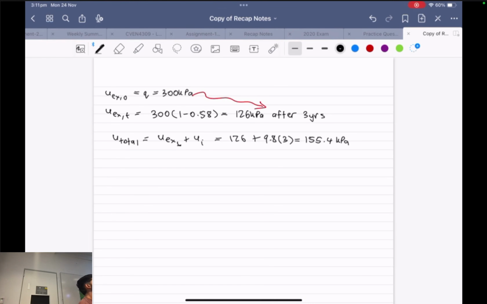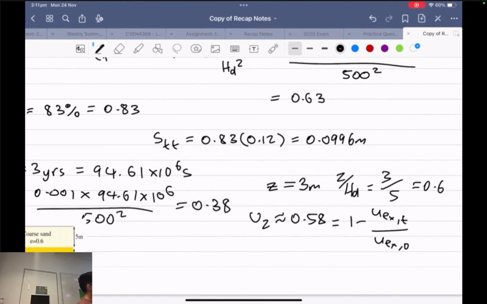How do you calculate U vectors T? That was just me rearranging this UZ relationship. Oh, you're just rearranging that? Yeah.